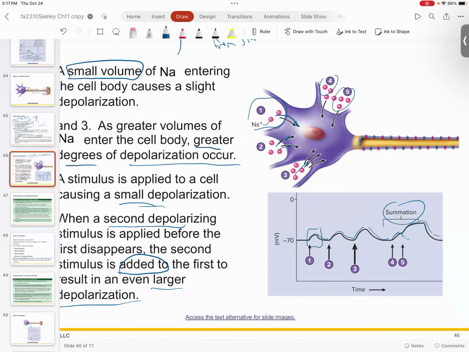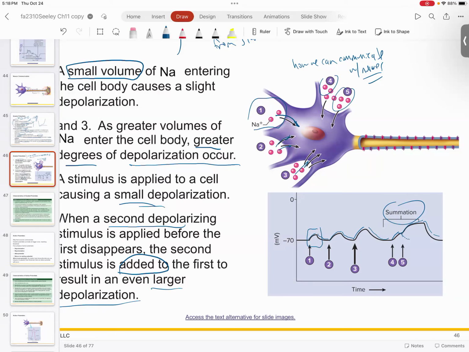Now you can imagine we're talking about events of the cell body here, because ultimately this is how we can communicate with nerves. Remember, we said that in the cell body, you're receiving all of these inputs and messages coming in.